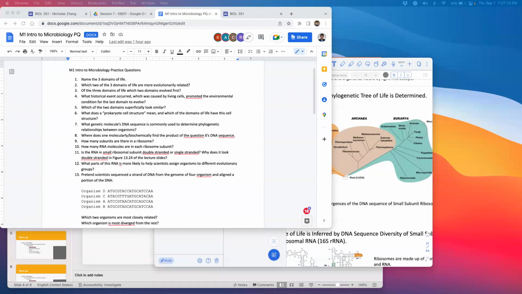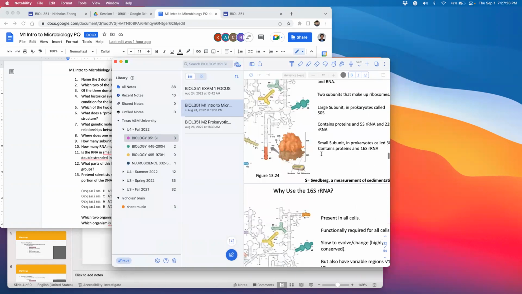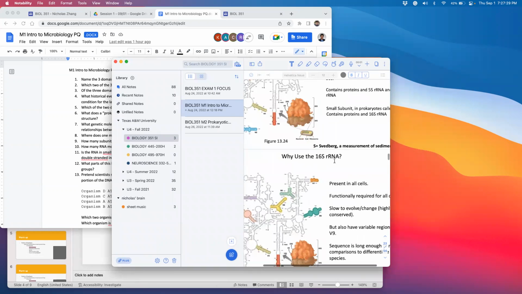And if we look at the slides, what he was talking about in that case was the small subunit genetic information. So if we go down here, this is what it's talking about, right?